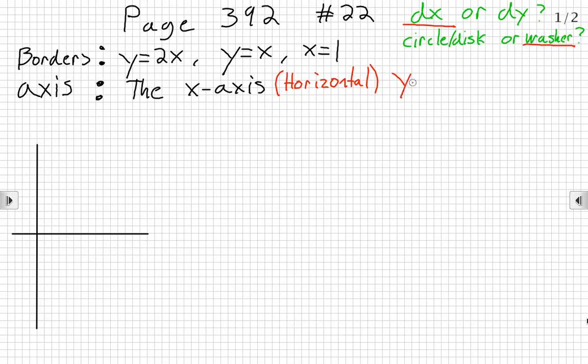And the x-axis, which is also y equals 0. y equals 0 is not any of the three equations that represent our border. It's not a border, and that's why we know it's a washer problem. So dx, because we have a horizontal line, and washer, because our line isn't one of our border lines.